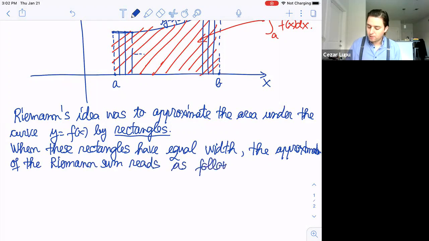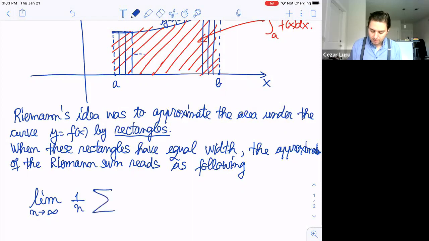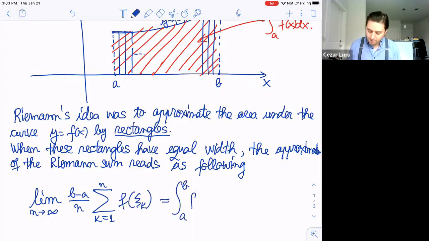And the way we are gonna read this is as follows. We will read this as the limit as n approaches infinity of 1 over n, right? Times the sum, and sorry, here it's b minus a over n, times the sum from k equals 1 to n of f of ck. And this will be nothing else than the integral from a to b of f of x dx.